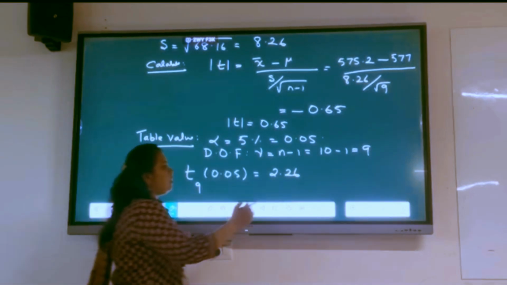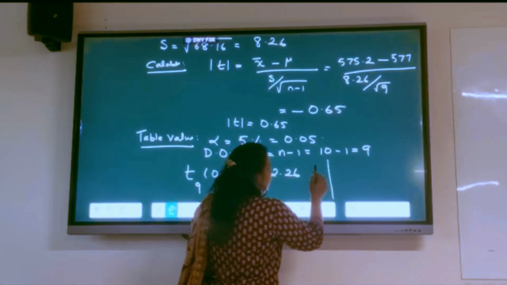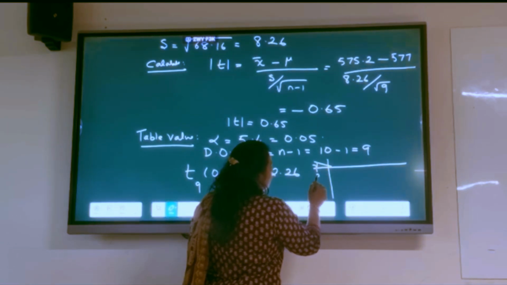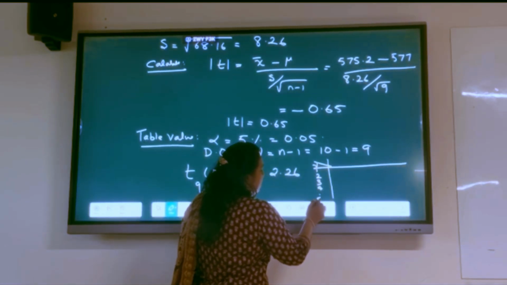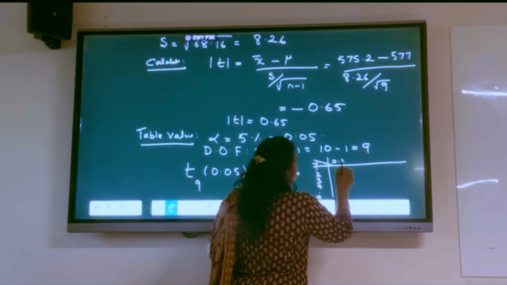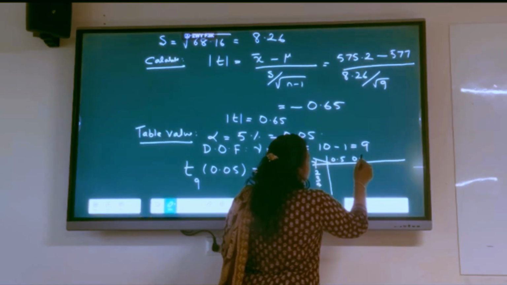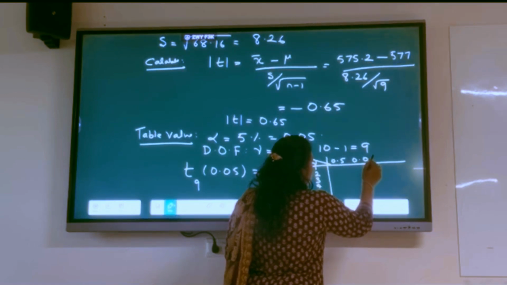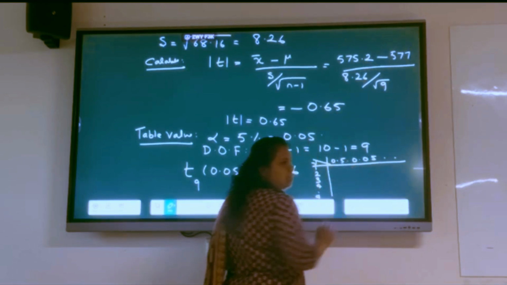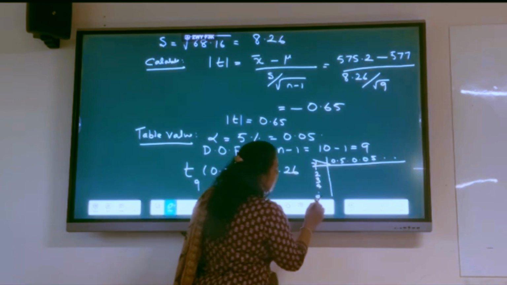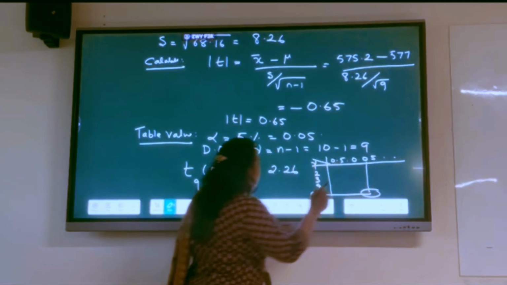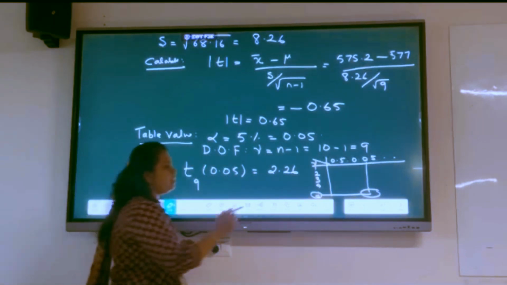In the table, the nu value is given as 1, 2, 3, 4, etc., and alpha values like 0.05 are given between. So for 9, the corresponding term you write down here is 2.26.